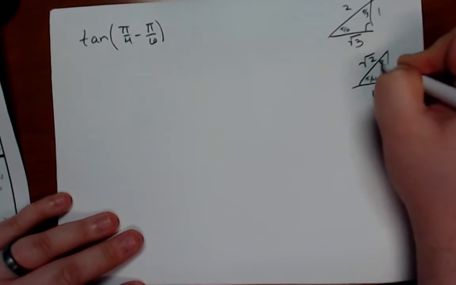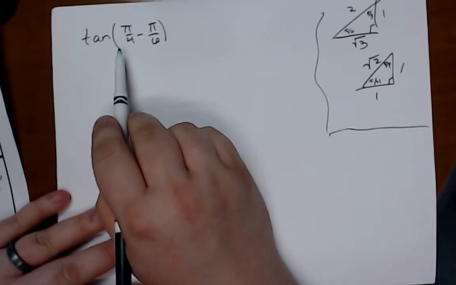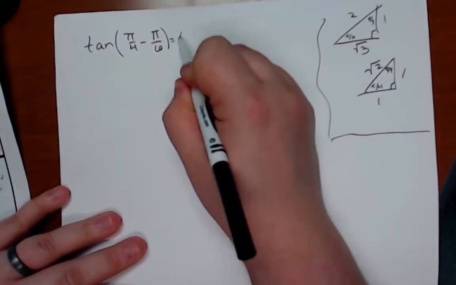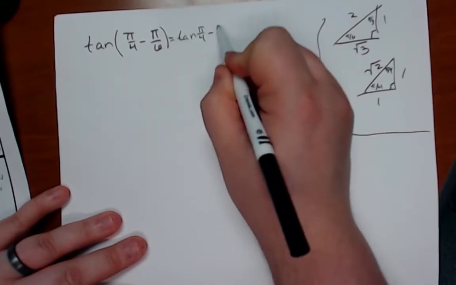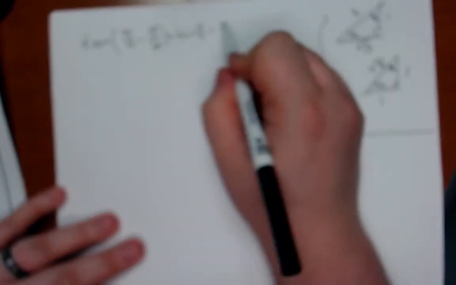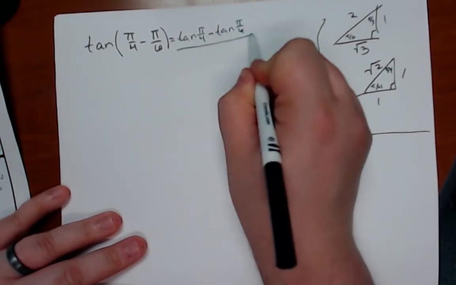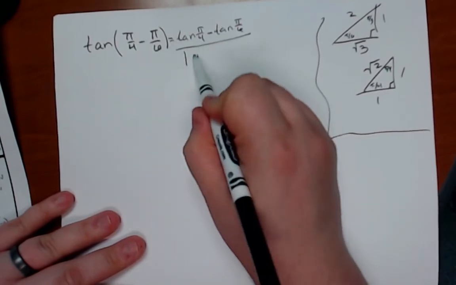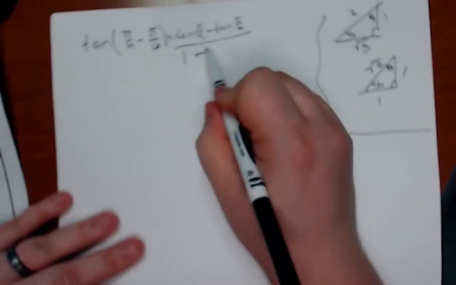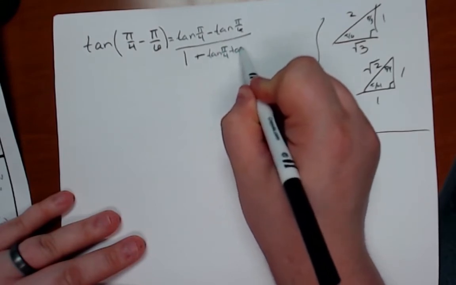Keep our friends there. So tangent of this is tangent of pi over 4 minus, because it stays the same in the numerator, tangent of pi over 6 over 1, sign changes in the denominator because of cosine, tan pi over 4, tan pi over 6.